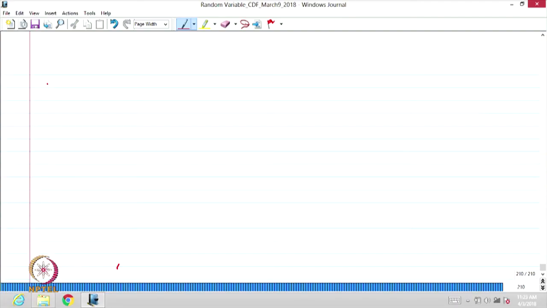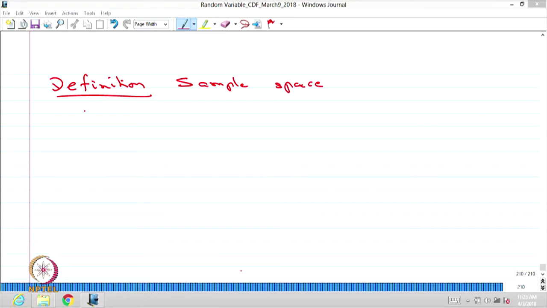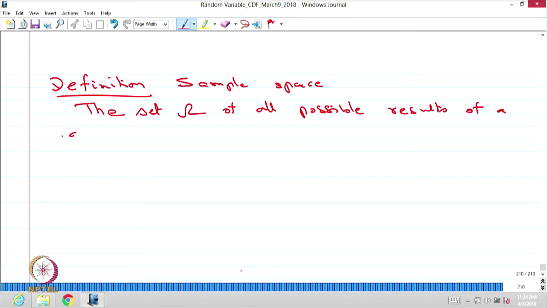The next definition: sample space. The set omega of all possible results of a random experiment is called a sample space.